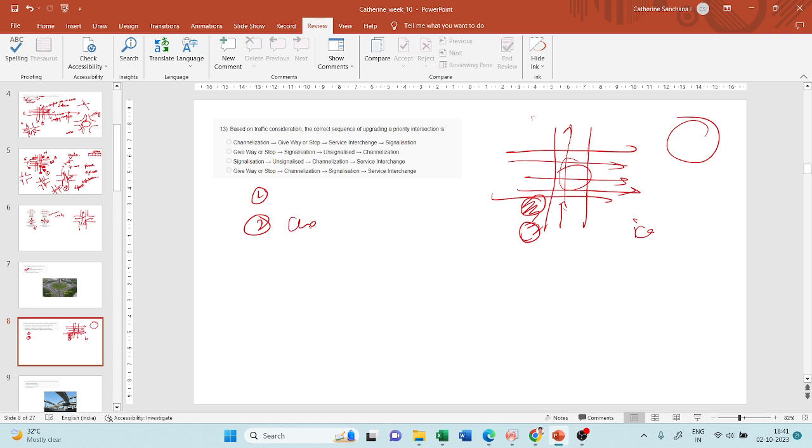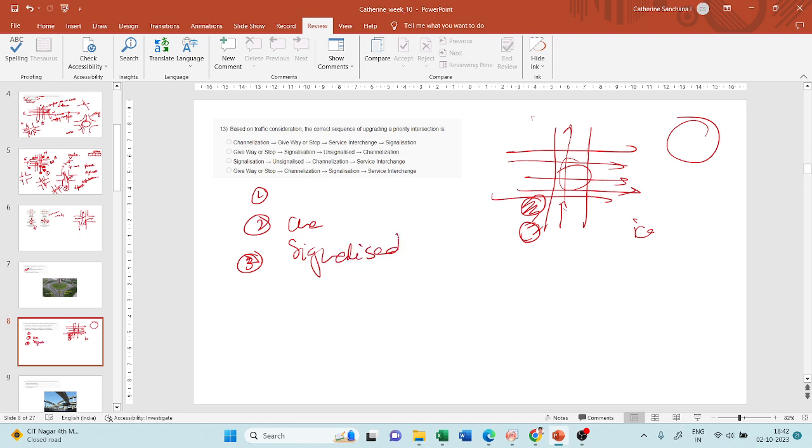Okay, so the second option is channels, and third option is signals. We saw that compared to rotary, signals will reduce the conflict points to a major extent, right? So the next highest safety providing measure is signalization. So after that comes signalization.